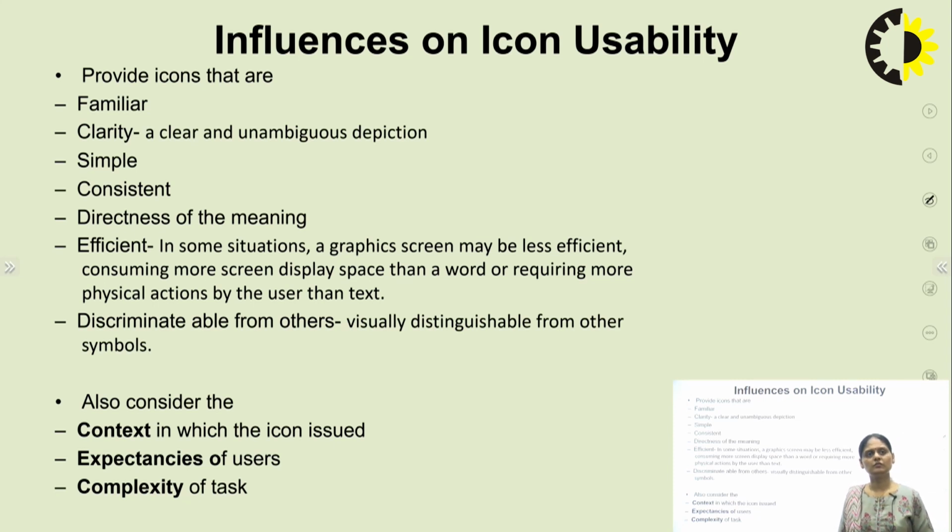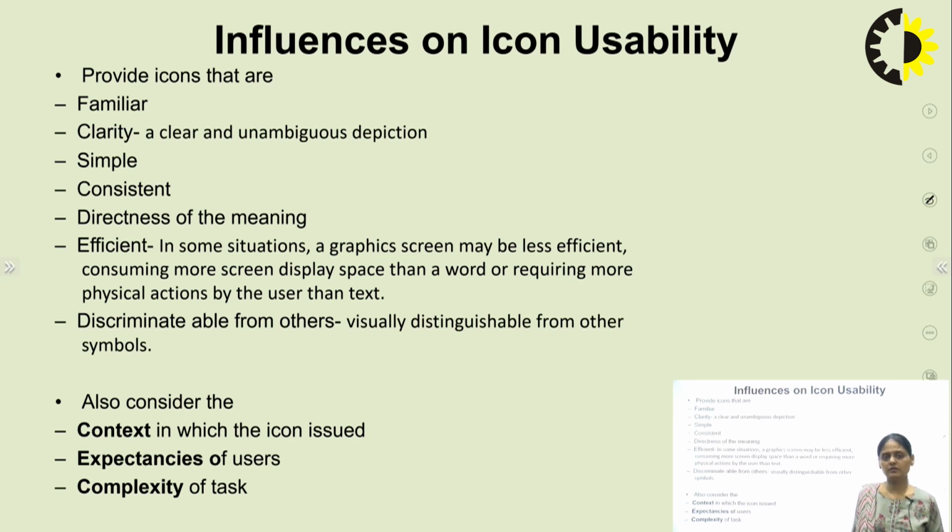A few influences on icon usability are that icons should be familiar, clear, unambiguous, simple, and consistent. They should have some meaning and relate to that meaning. Actually, they should be efficient. There are many situations when an icon takes a lot of space, so it is not efficient for the screen.